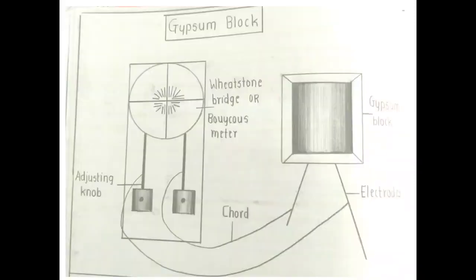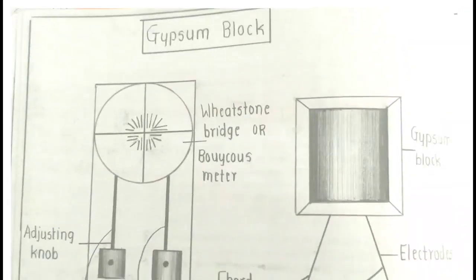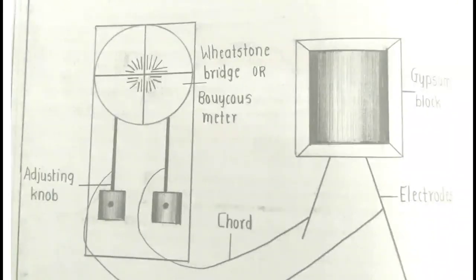The second instrument is the gypsum block. This is the diagram from the previous batch of students, and you can draw a similar diagram in your manual. The parts are the Wheatstone bridge or Bouyoucos meter, the adjusting knob, and the gypsum block.